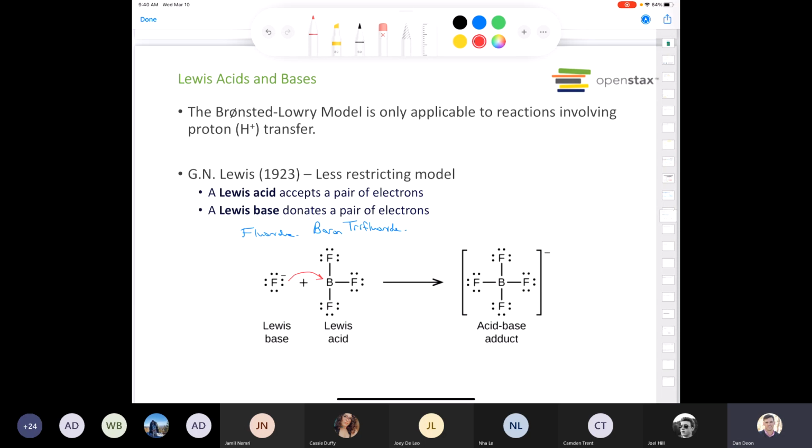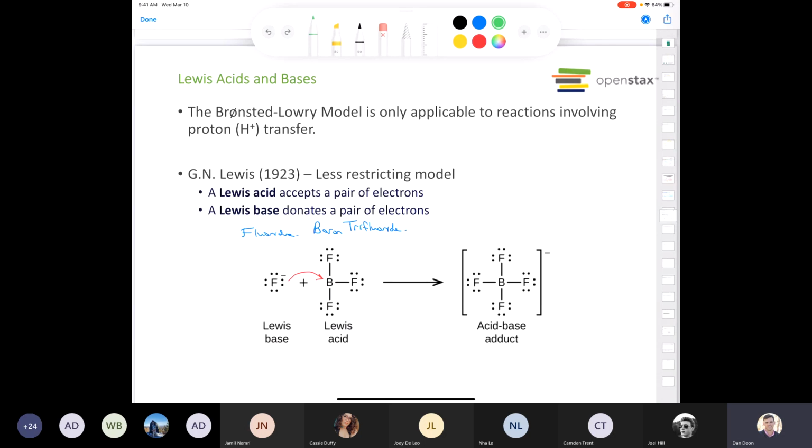Another way to think about it would be this. If you look at the boron here, it doesn't have an octet, right? Incomplete octet. Whereas if you look at the boron in the acid-base adduct, which we sometimes call a coordination complex or a coordination adduct, it's got different names.